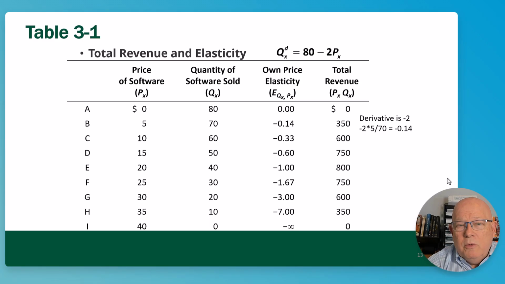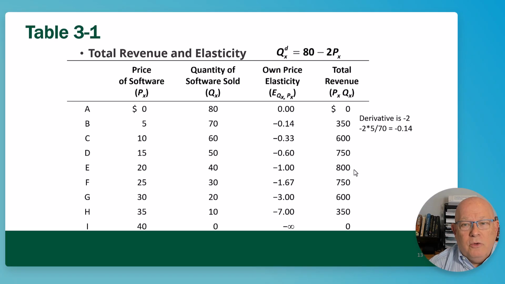So the other thing we want to make sure we make note of here is this total revenue column. Okay, as we're increasing our prices, the quantity that we're selling is declining. But when we take the price times the quantity to get the total revenue, what we notice is from moving from A up to E, as we're increasing the prices, the quantity is declining, but our total revenue is actually increasing.